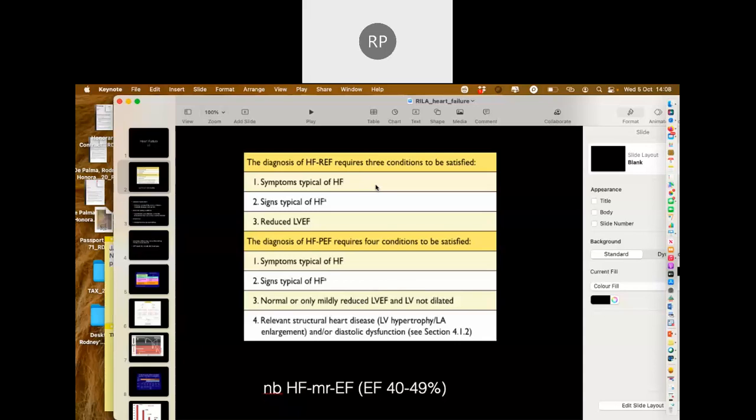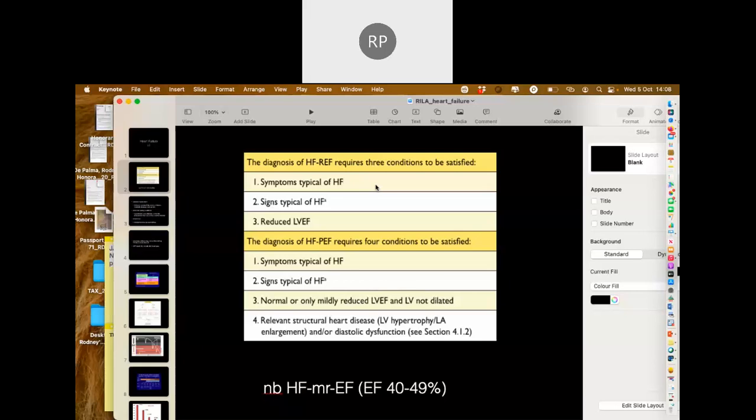Paroxysmal nocturnal dyspnea is another symptom of heart failure. That's when you wake up during sleep with breathlessness, and other signs such as swollen legs related to fluid retention, which is a non-specific sign and can occur with chronic renal failure, any illness that causes hypoalbuminemia, and chronic venous disease, although that can often be unilateral.